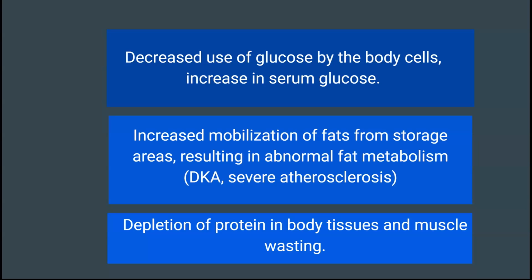Diabetics, because of that abnormal fat metabolism, have a higher risk of atherosclerosis, which then leads to coronary artery disease and other circulatory issues. And then you have muscle wasting because of that protein, right? The body is desperately trying to give itself energy, so it's doing that by breaking down fat, by breaking down protein, and using all of those backup channels as a way to try to keep itself alive.